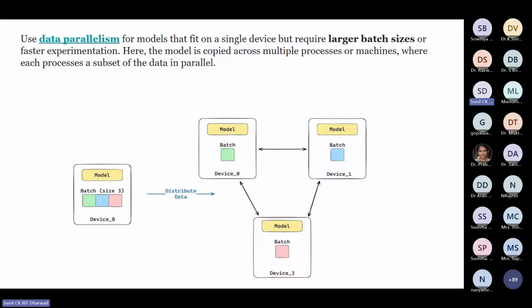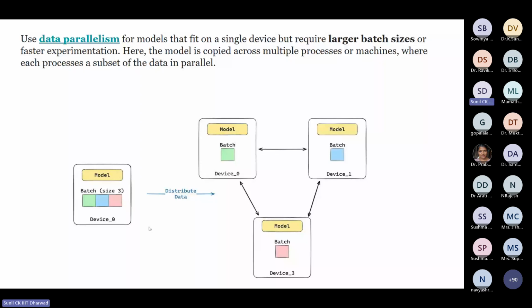So here the model is usually copied across multiple processes or machines, where each process handles a subset of data in parallel. See in the example, you have a device, and the data is distributed among different devices: device 0, device 1, and device 3.